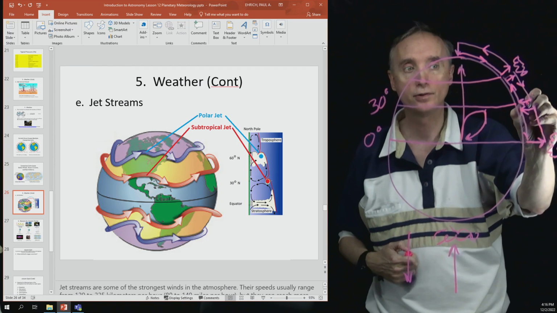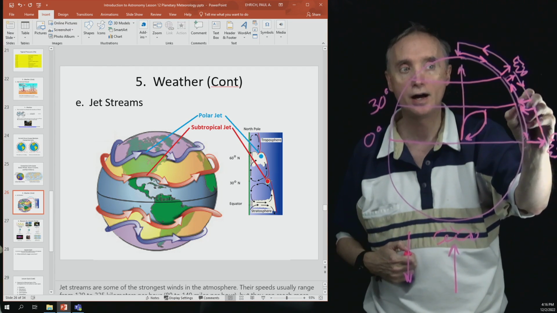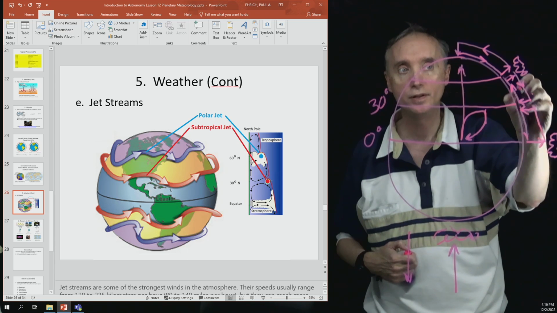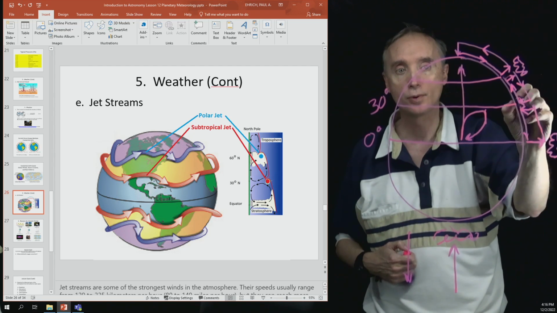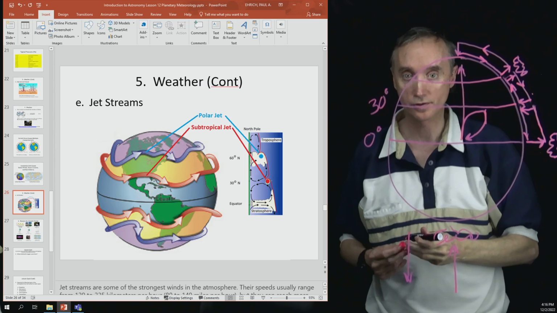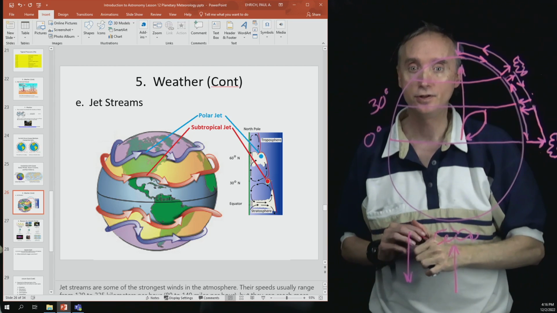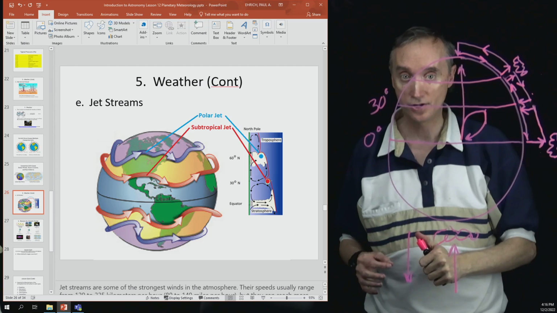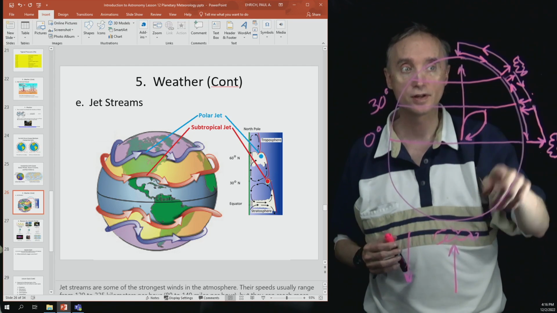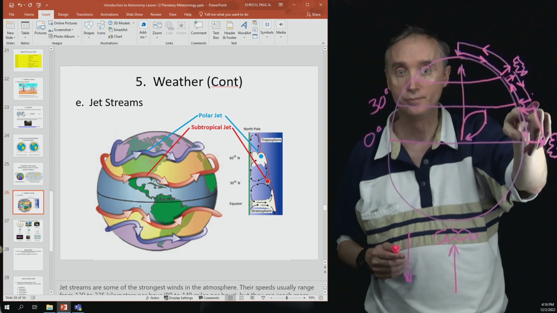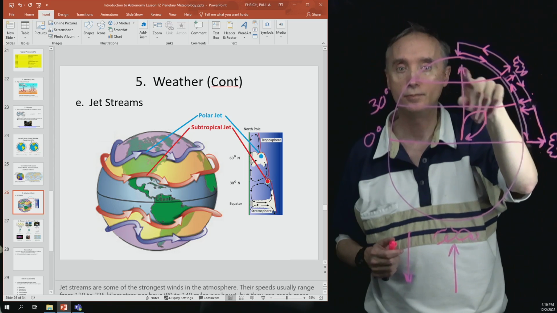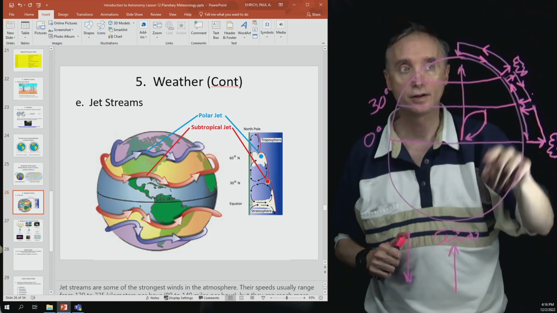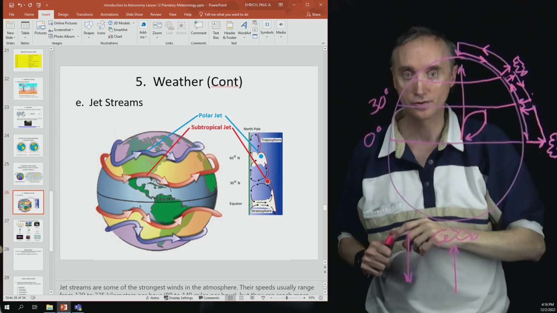So you're going to have regions of unusually high winds in between these convection cells, and we're going to call those jet streams. So you have what's referred to as the subtropical jet stream, which occurs at about 30 degrees latitude, and then you're going to have the polar jet stream that occurs up at about 60 degrees latitude.